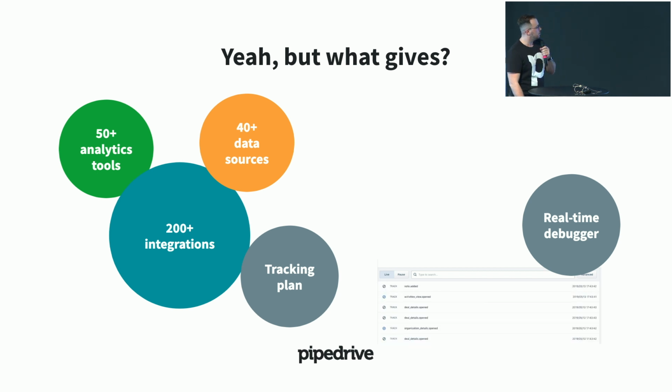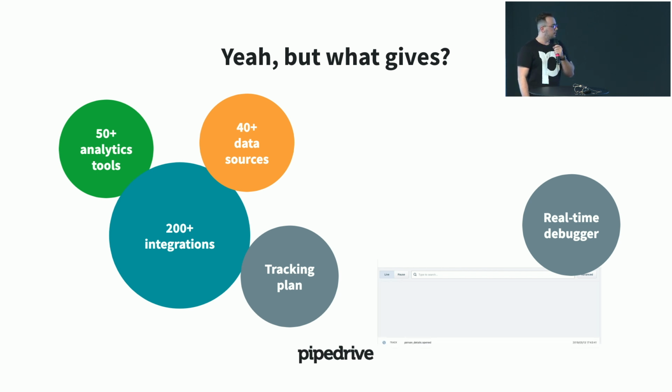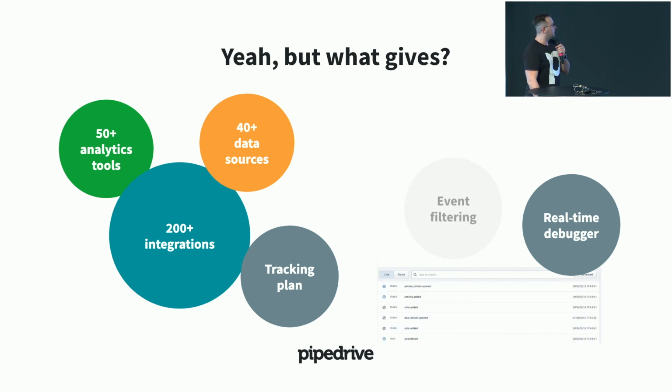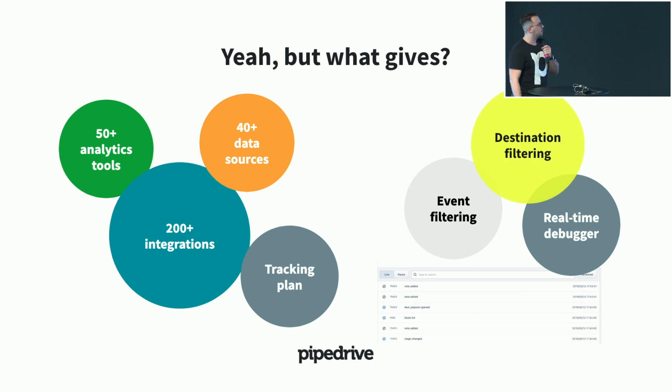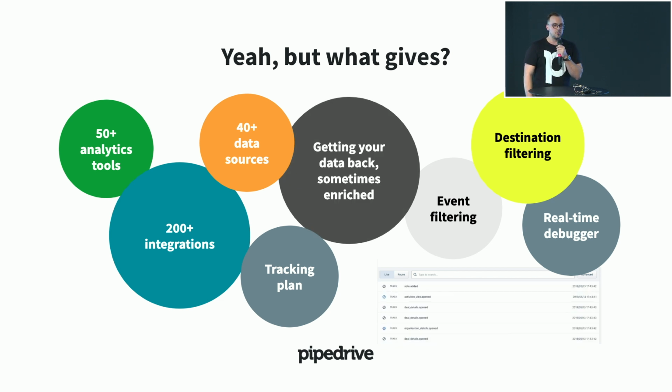If it's not true, it creates a violation. And again, you can beat your developer over what they have done wrong. It also has event filtering, so you can select what you want to send, and destination filtering as where you want to send it. And the most important thing is that you're getting your data back. And sometimes it may be enriched.